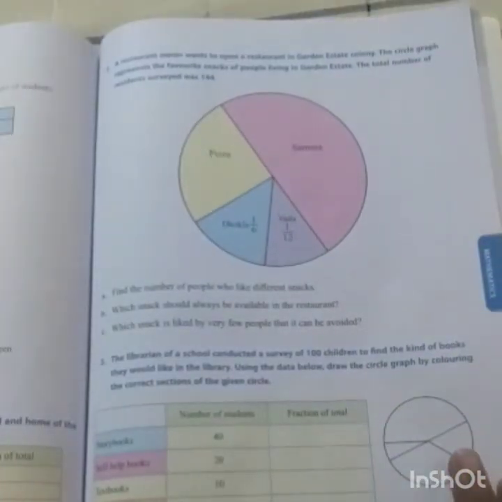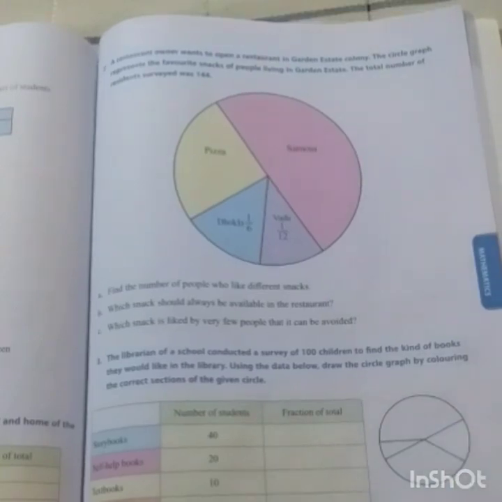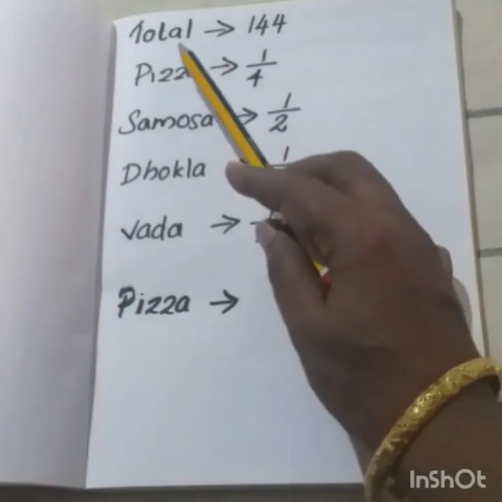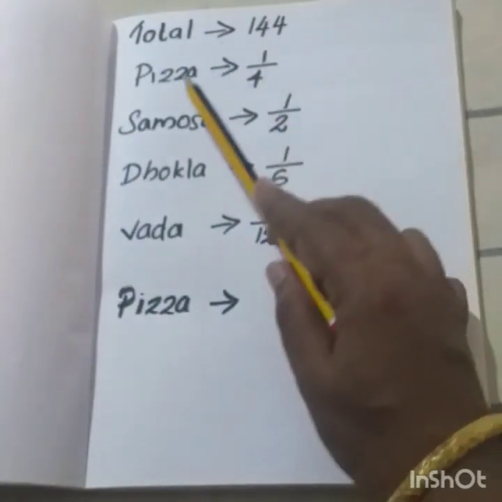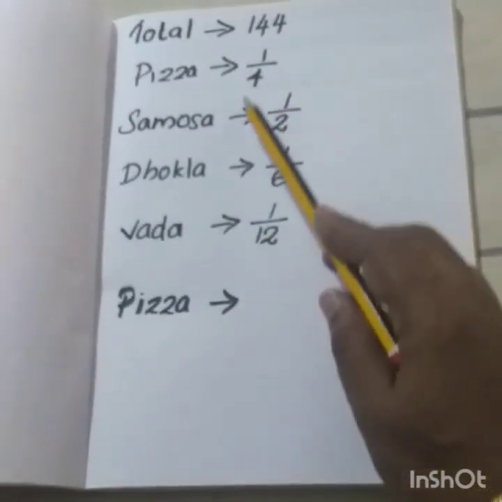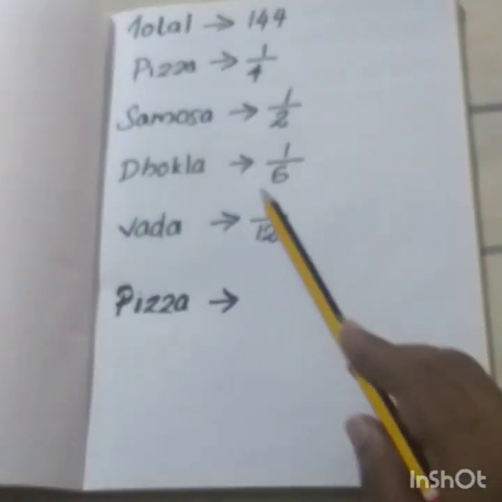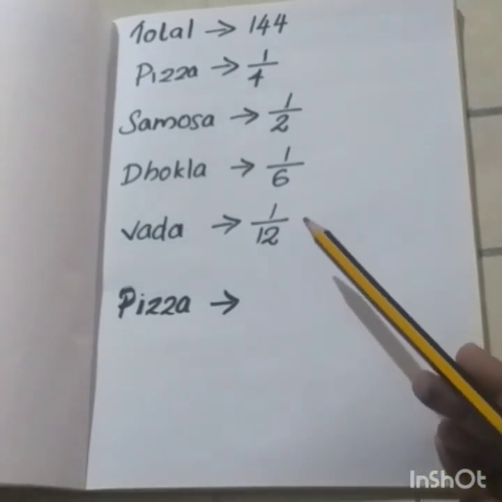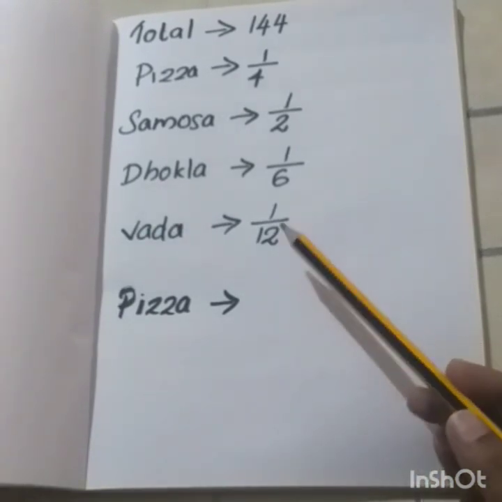With these facts, how can we find the number of people? So these are the facts given. What is the total number of people? 144. Pizza, 1 by 4 of the people like. Samosa 1 by 2 of the people. Dokla 1 by 6. Vada 1 by 12. Now we need to find out the exact number of people liking each food item.